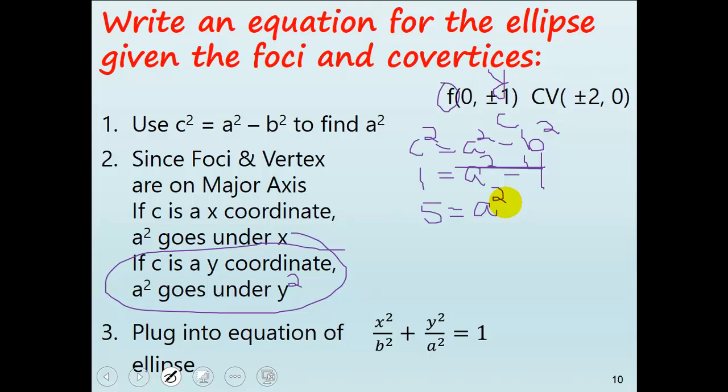So now I know that a squared has to go under the y squared because my c is in the y spot. Okay? So you have to think through that. So now I have x squared over 4 plus y squared over 5 equals 1. So why don't you try the video question?